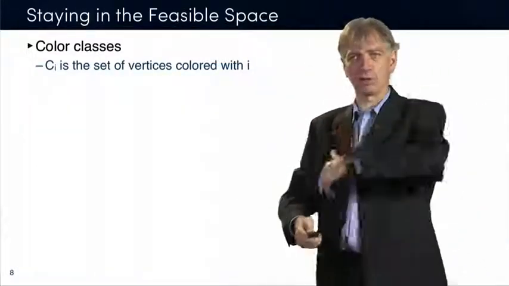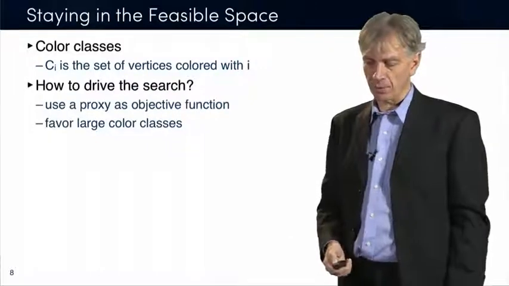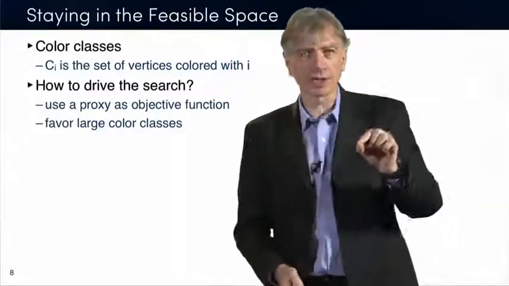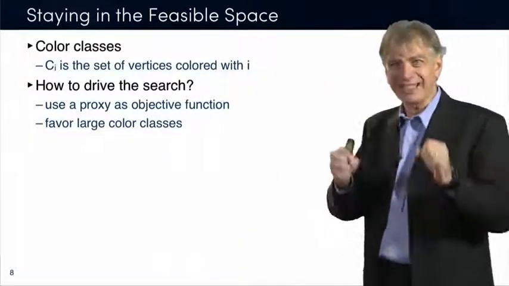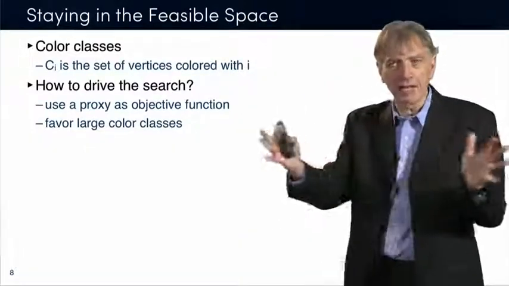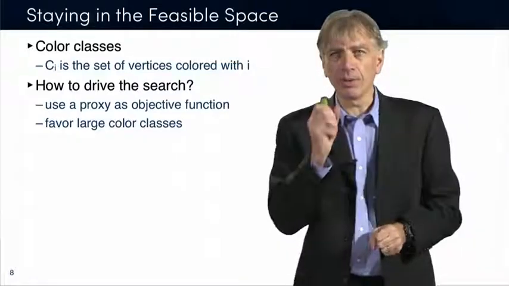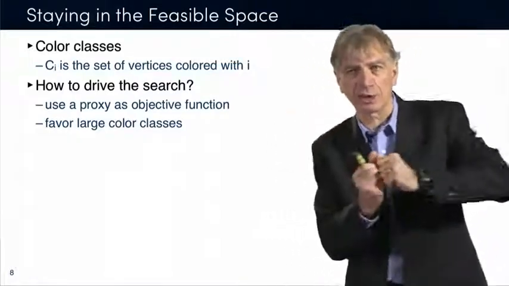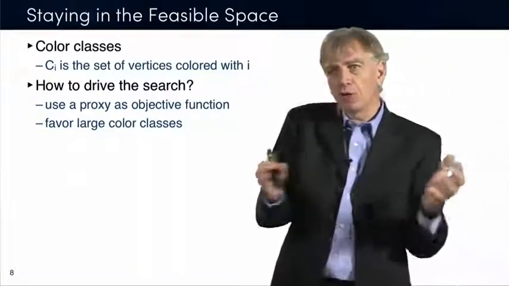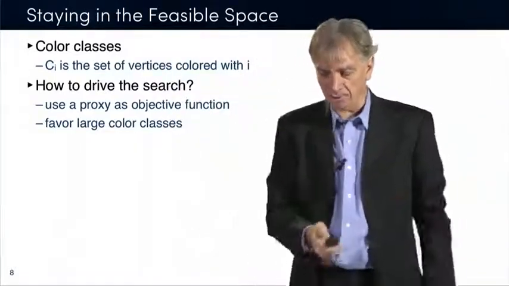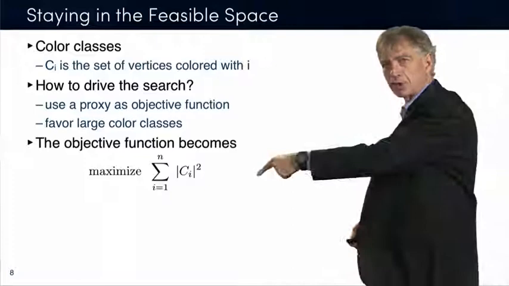C2 is all the vertices colored with 2. Now, to drive the search, I'm not going to look at how many colors I'm using. I'm going to look at a proxy, an indirect way of trying to minimize the number of colors. The way to do this is to look at the color classes and try to have huge color classes, because when you use very few colors, typically you have large color classes. So this is the optimization function that we are going to use.